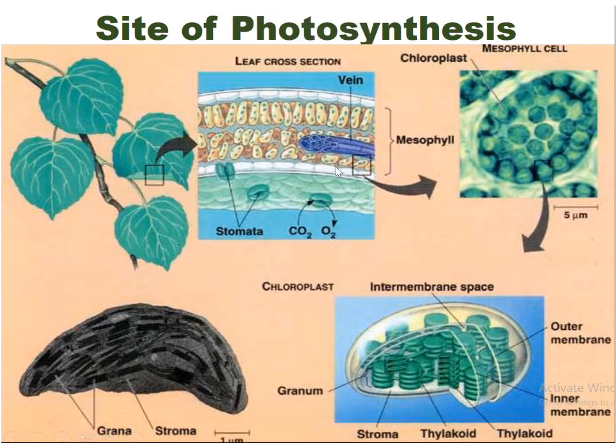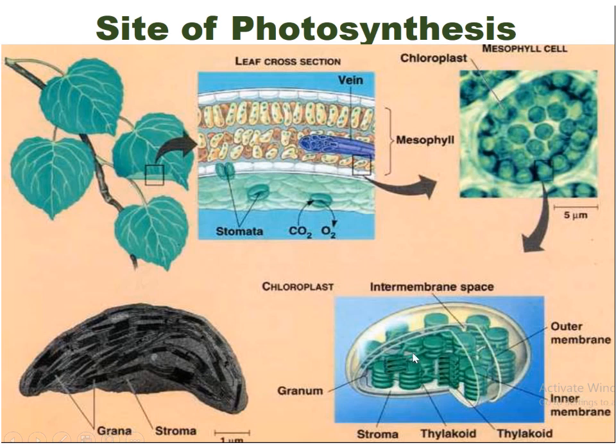See here, this is the mesophyll region of the plant leaves, and within this mesophyll region these are the chloroplasts, and here is the animated, zoomed picture of the chloroplast. See, these are the thylakoids and this is the stroma, that means the matrix of the chloroplast.